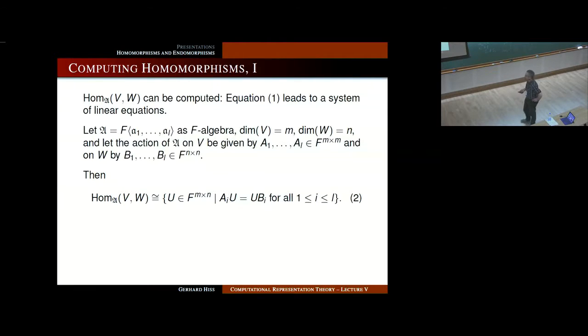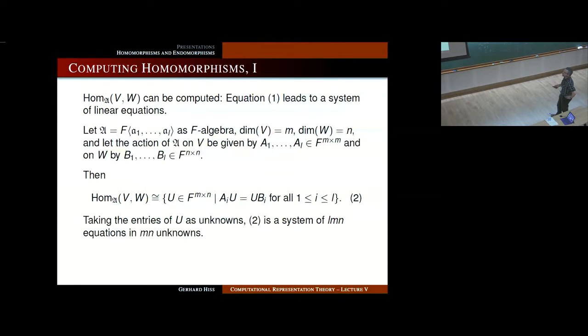This is completely clear. So if you look at this and you put the U's as unknown matrices, so these are m by n matrices, and how many equations do you have? You have L times, and then one equation for each entry, L times m times n. Yeah, L times m times n equations in m times n unknowns.